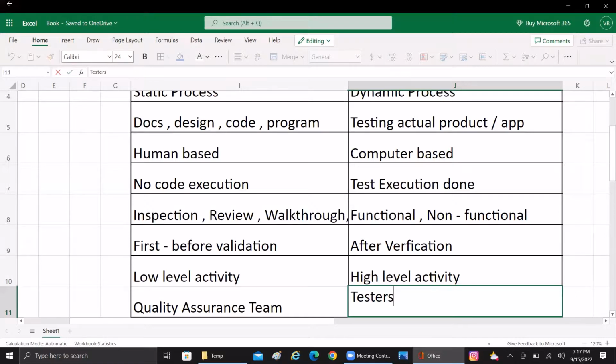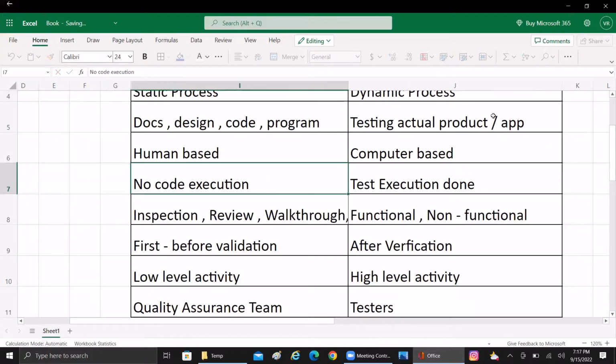In verification they are just reviewing the document, saying this is designed this way, this logo is looking nice, and so on. So only a simple checkup is done. But in validation the actual execution happens, so they'll uncover all the remaining bugs that actually exist in that product or application. So these are the major differences between validation and verification, guys.